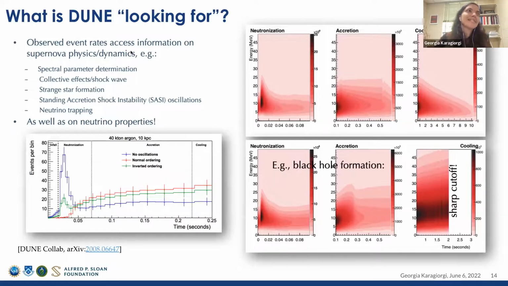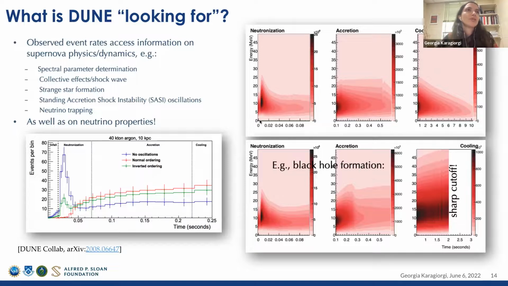In the case of supernova dynamics, I'm not an expert myself, but there is a lot of physics associated with the supernova explosion itself. So measurements of neutrino spectra, meaning how many neutrino interactions we see as a function of time, and how the average neutrino interaction energy evolves as a function of time in our detector, have sensitivity to different processes going on during the supernova explosion.